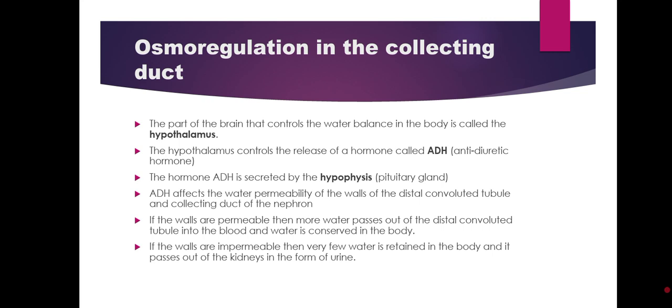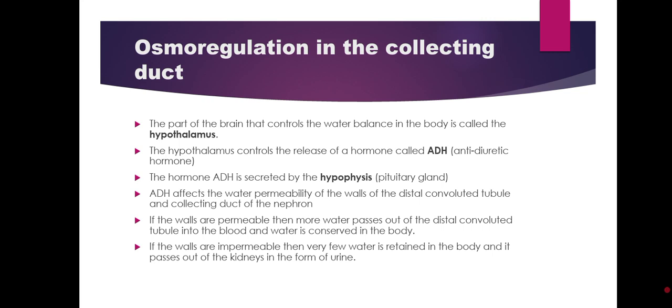When it secretes little ADH, it means that the walls will be impermeable, so water won't pass through. So little water will be reabsorbed, then it will make the urine dilute, and it will have a large volume, and this happens when the water is above normal.